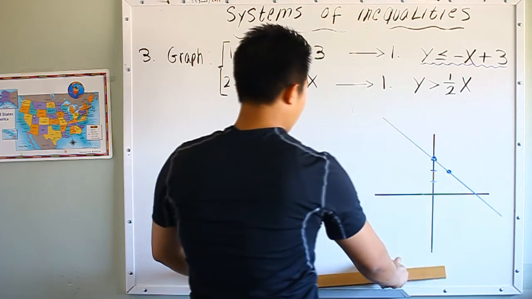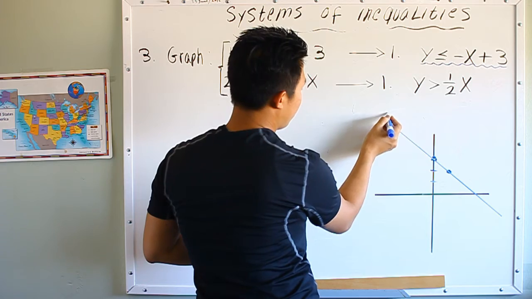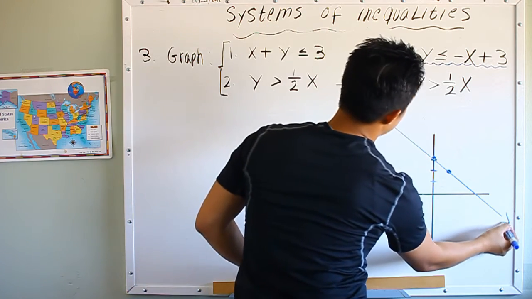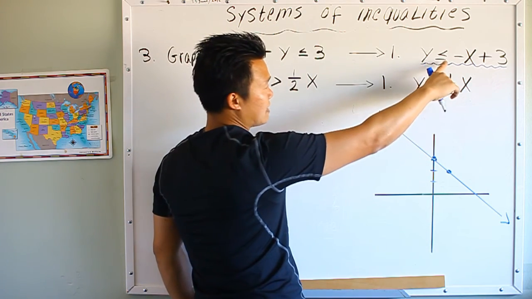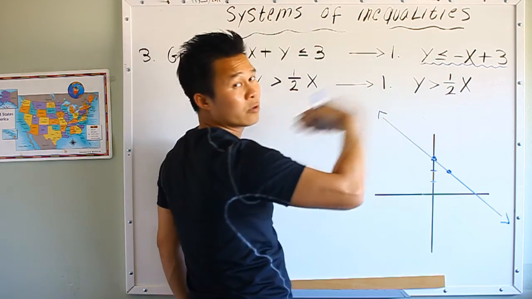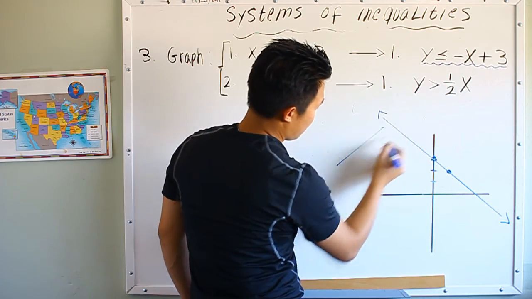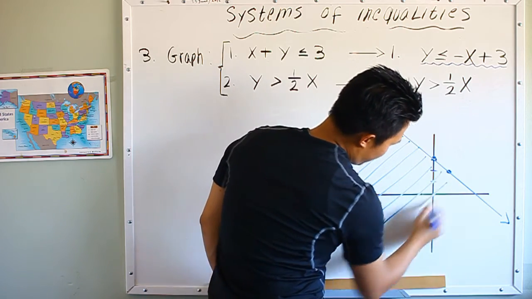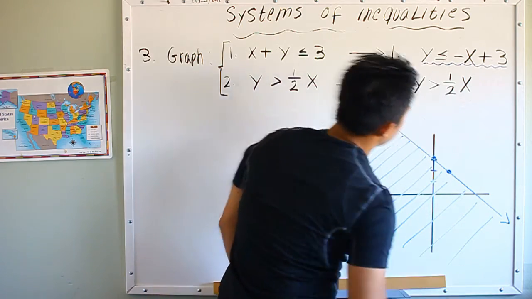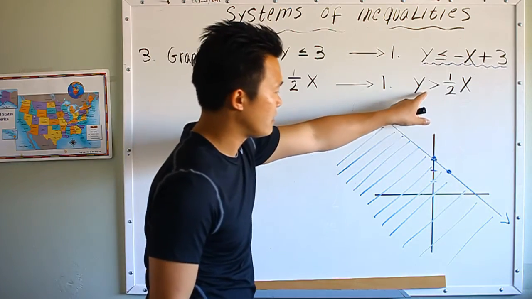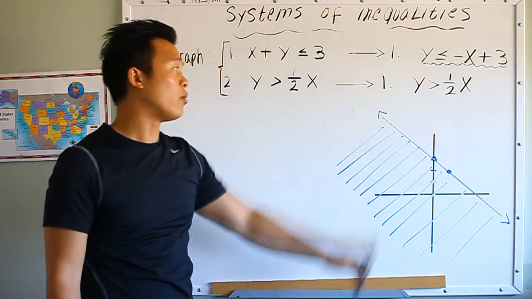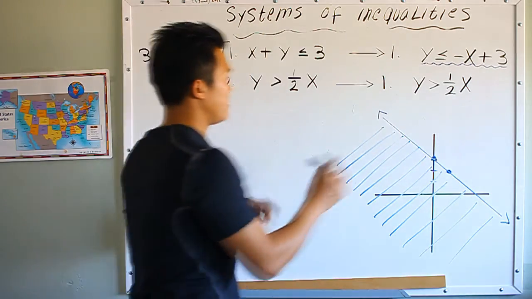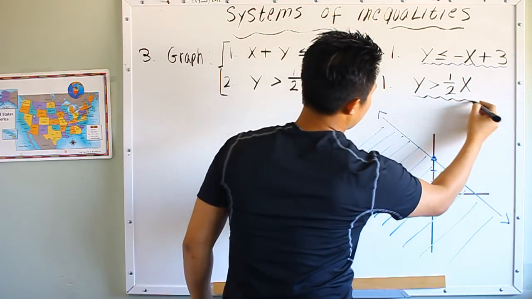Alright. Now, if you recall my shortcut, whenever we see a less than, we shade below the line. Okay, so the shading is going to be right below this blue line. Now I'm going to graph this other inequality with a black marker.